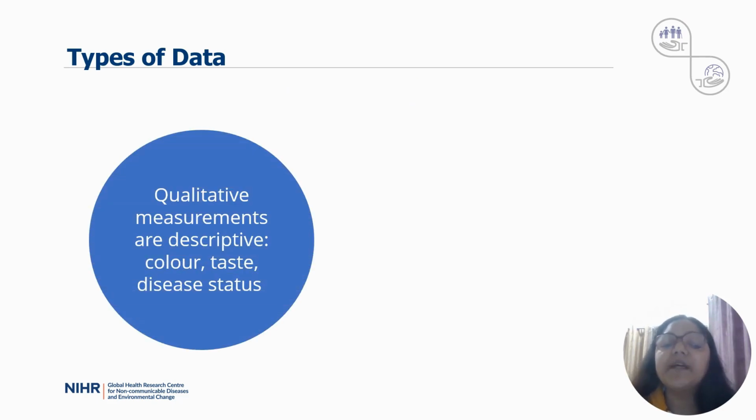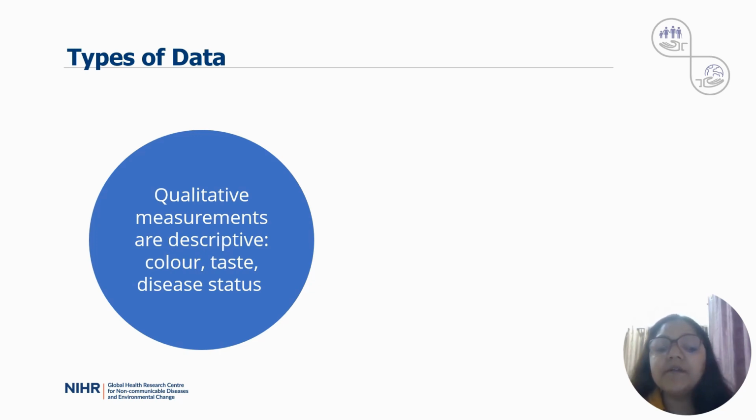Now, there are two major types of data. Qualitative data, which is more descriptive in nature. These could include variables like color of a mass that you are studying, for example, the color of the eye in a certain disease condition, the taste of some food that is understood to be nutritional, whether it is bitter or sweet.